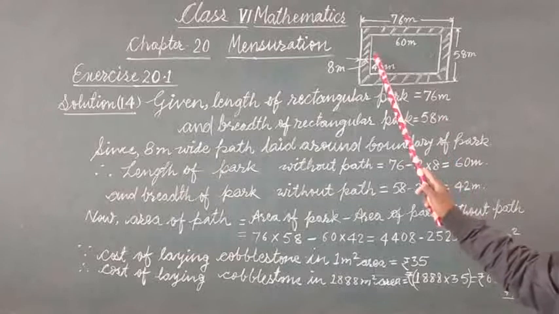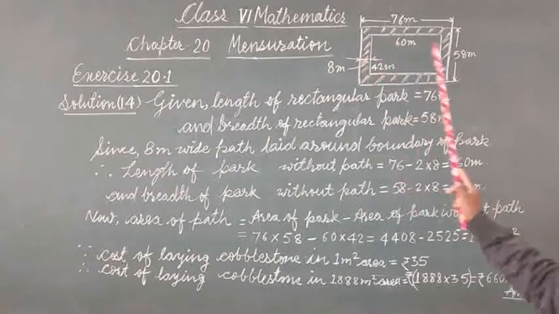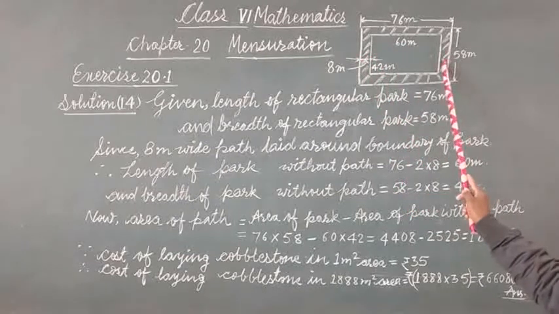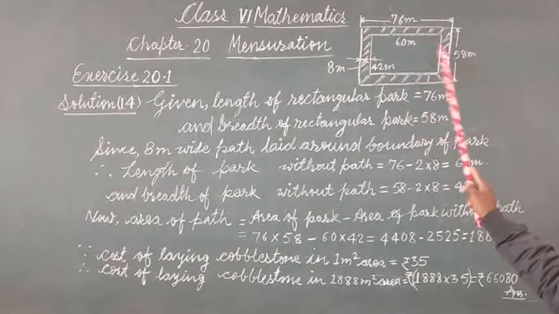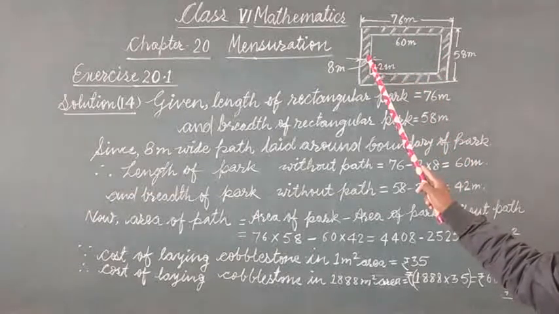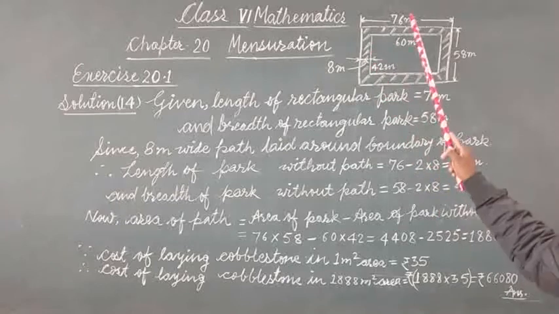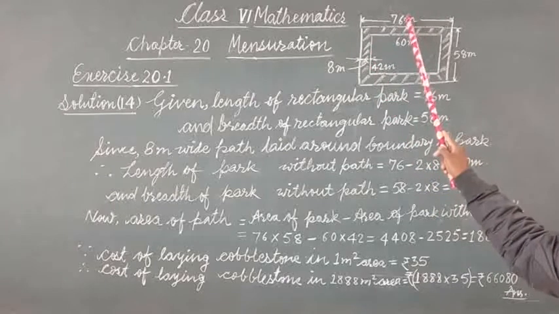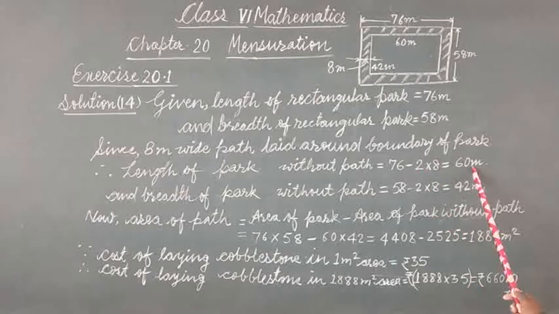As you are seeing, 8 meter width this side also, 8 meter width this side also. So 2 times 8 meter we will subtract from the length of the park and it will become 60 meter.